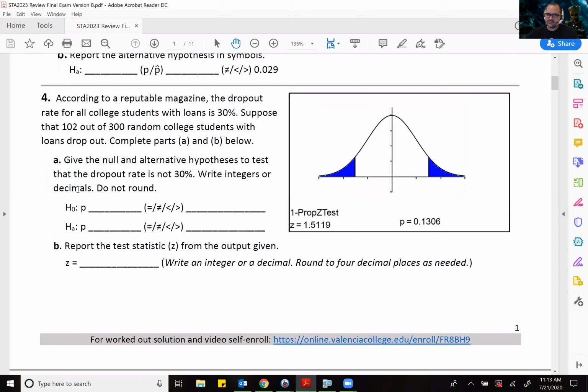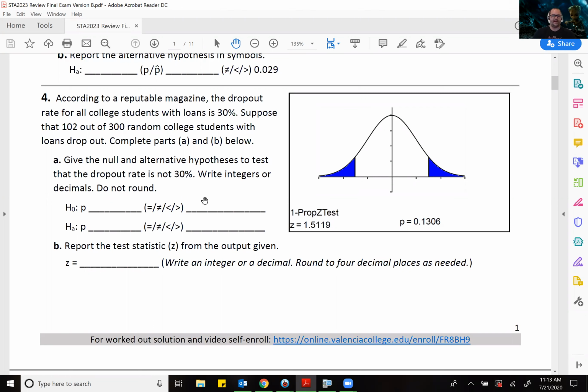So H naught is P. Remember that the H naught always uses equals. So in the first blank, you're going to choose the equal sign, because H naught is always equal. Okay. And then over here, you put in the generalization, which is 30%, but you don't put in percentages over here.